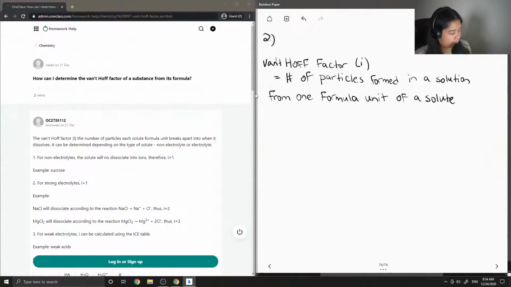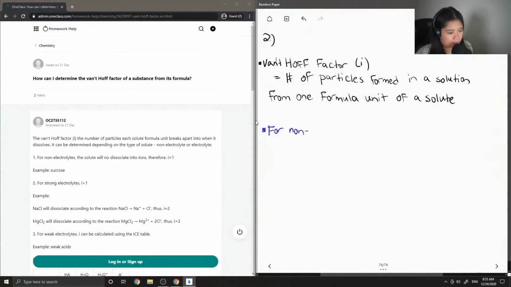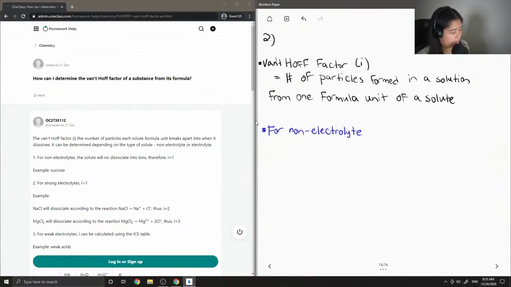So depending on whether you have a non-electrolyte or a strong electrolyte, this will affect the Van't Hoff factor. So for example, for non-electrolytes, these are when the solute doesn't separate into its ions.